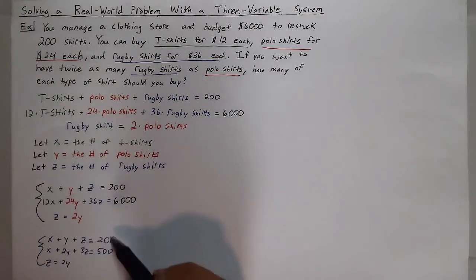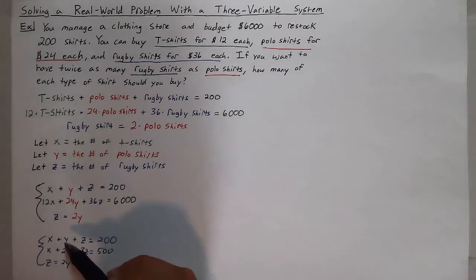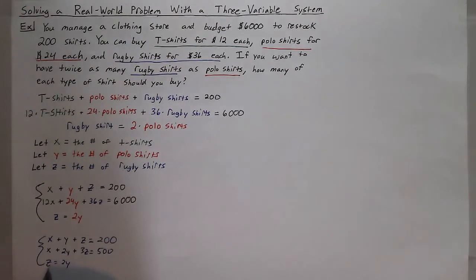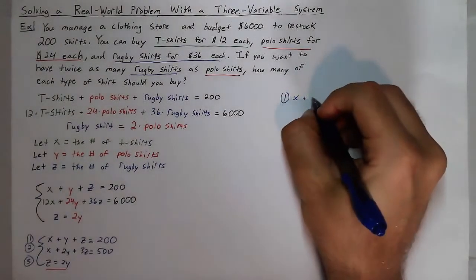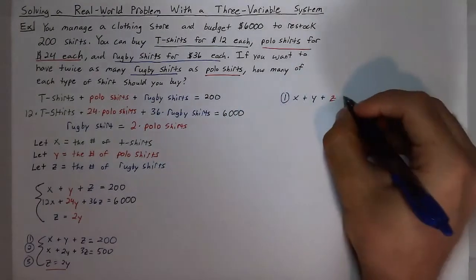So now as I go through solving this, I can use any of the methods, but substitution seems to be the way to go. Since I already know what z is equal to, I can substitute that into my first 2 equations. So I'll let z be equal to 2y. So my first equation, I have x plus y plus z is equal to 200.